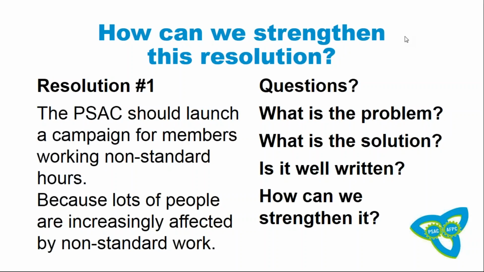But if that is the problem and that is a solution, does this resolution cover it or address it? No, not right. I'm getting a whole bunch of no's. Okay, so how can we rewrite this? How can we strengthen it? Give me some ideas.